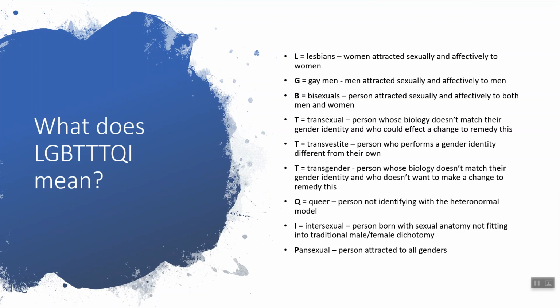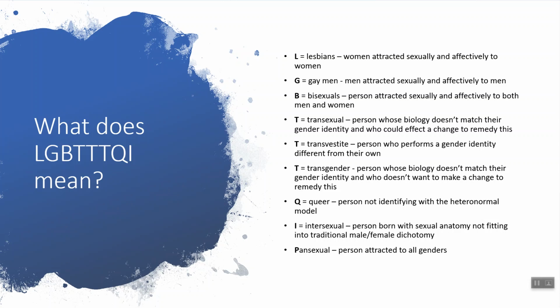The Q in LGBTTQI stands for queer. This is a person who doesn't identify with the heteronormal model, and we'll be looking a little bit later on in the talk at what the heteronormal model is. A queer person is not necessarily gay or lesbian or even bisexual.